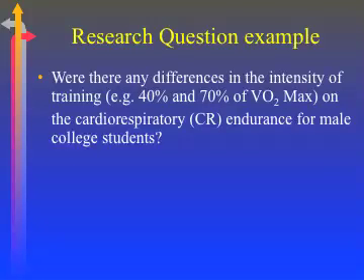We're comparing groups, we have 2 groups of our independent variable, the 40% and the 70% of the VO2 max, to the cardiorespiratory endurance, which is our dependent variable for our specific population of male college athletes.